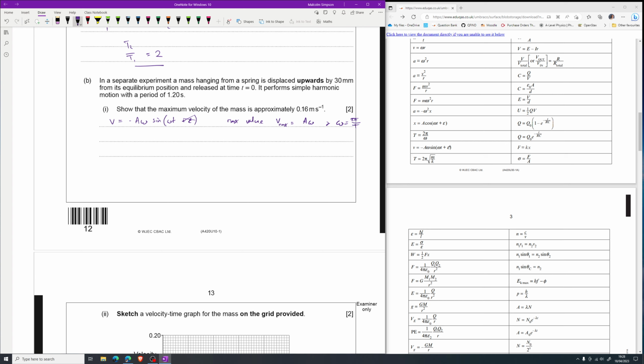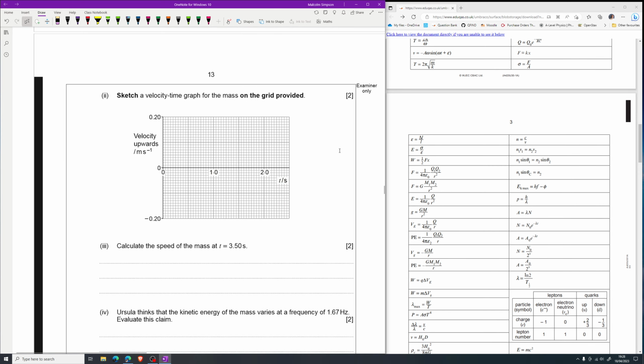Omega is 2 pi over T. Therefore, Vmax must be equal to A, the amplitude, just be careful with units, multiplied by omega, 2 pi over 1.2. Chuck that in the calculator and get 0.157 meters per second, which is approximately 0.16. Job done.